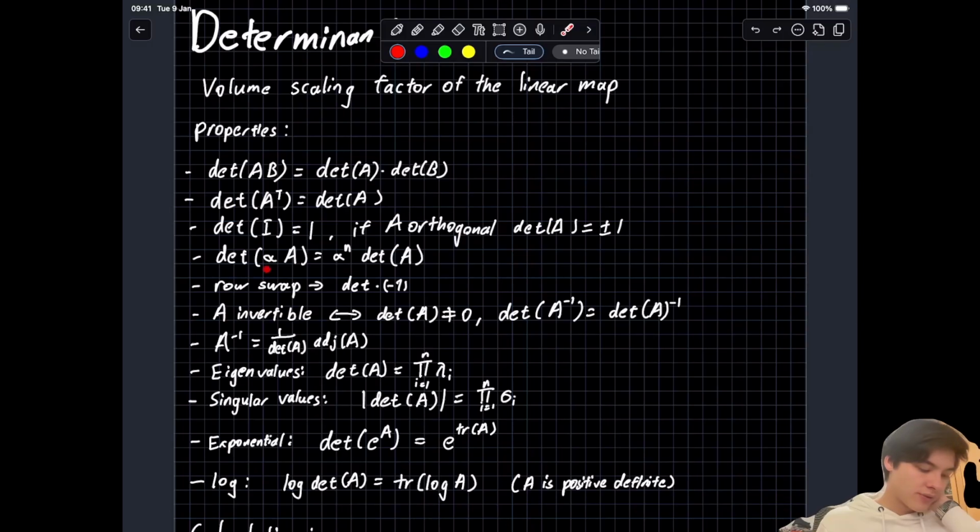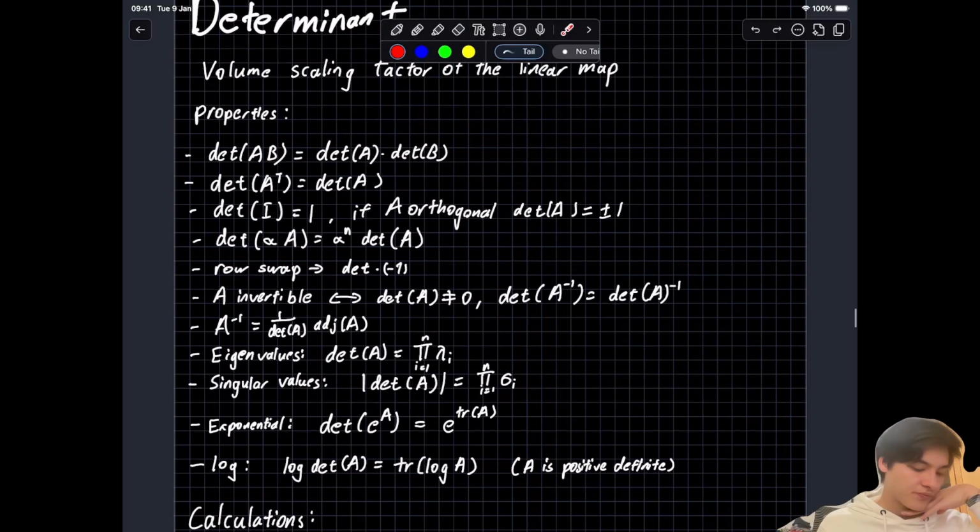If we have a scalar times A and take it out, then the scalar needs to be to the power of n. If we swap rows of A, then the determinant will be multiplied by minus 1. A is invertible if the determinant of A is not equal to 0, and of course if it's square.